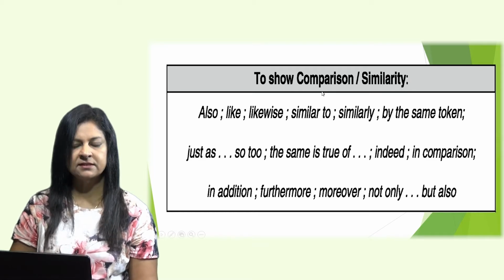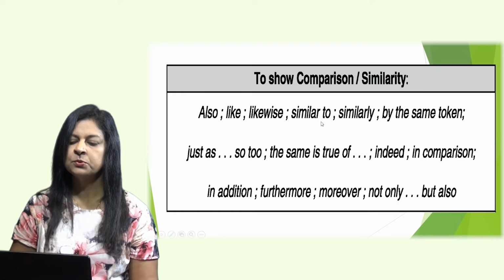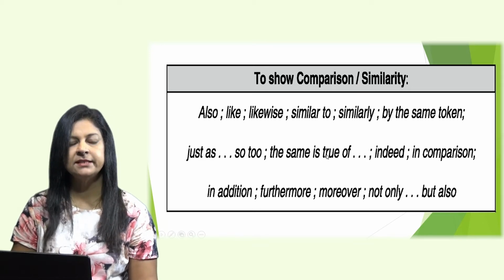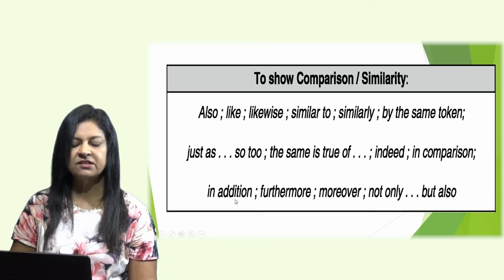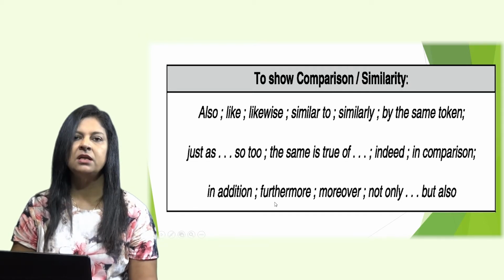To show comparison or similarity: also, likewise, similarly to, similarly, by the same token, just as, so too, the same is true of, indeed, in comparison, in addition, furthermore, moreover, not only, but also.